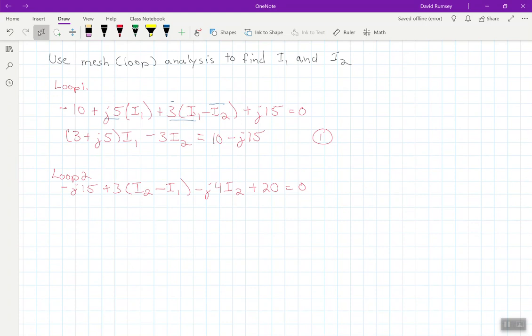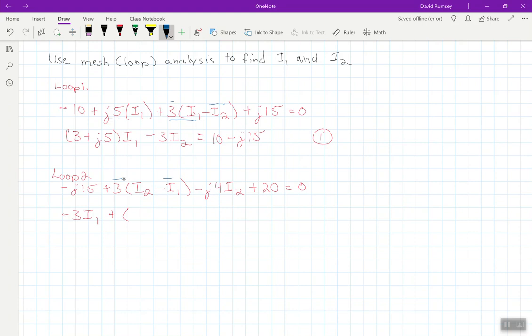And so then what do I have here? Well, combining like terms again, I'd have minus 3 I1, and I like to make sure I write I1 first here.